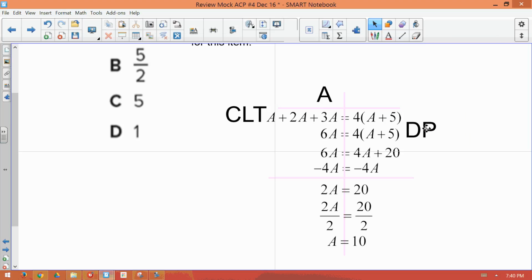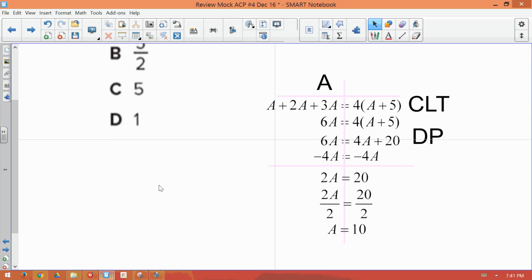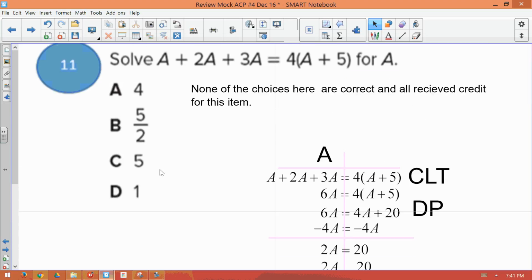So we use that here. That's how we got that. We collected like terms first, then we used the distributive property. Then we used inverse operations to get all the A's on the A side, divided through, and that's how we got the correct answer of 10. So that's one way to do this. And of course, yes, you can do this in LinSolve too.